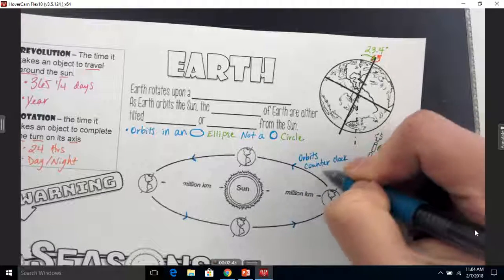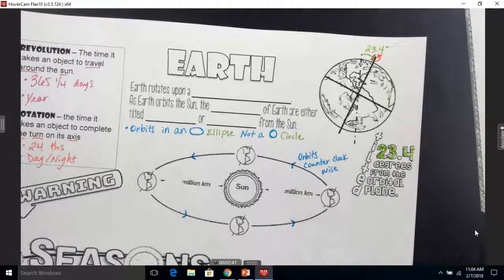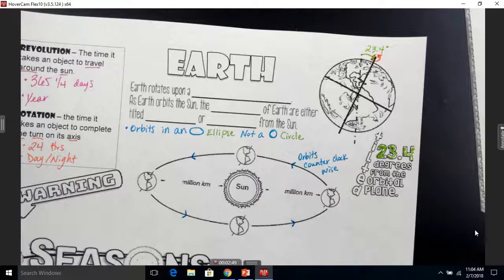Why is it called counterclockwise? Because it goes the other way. It's not the clock.